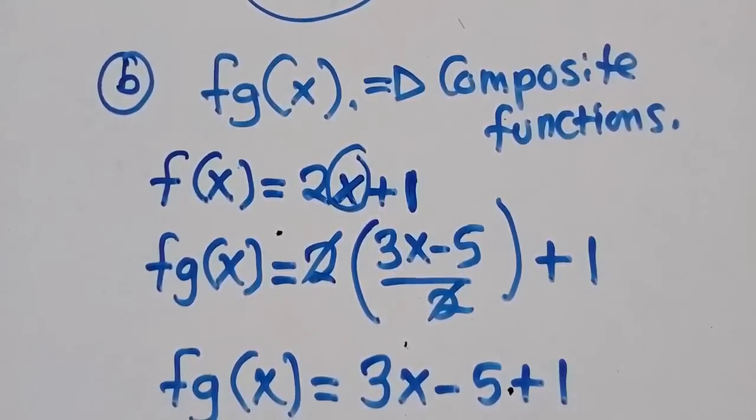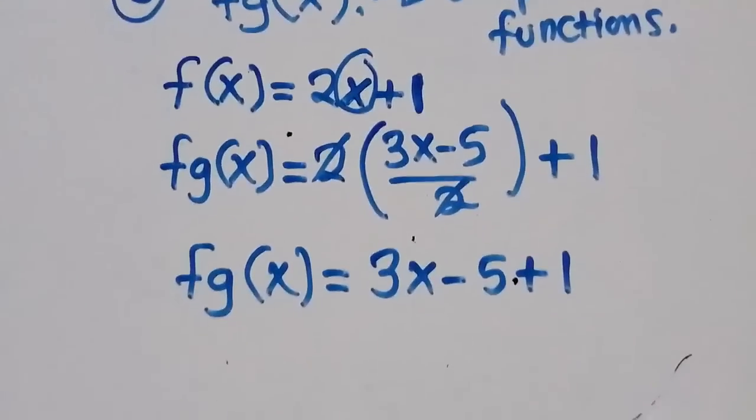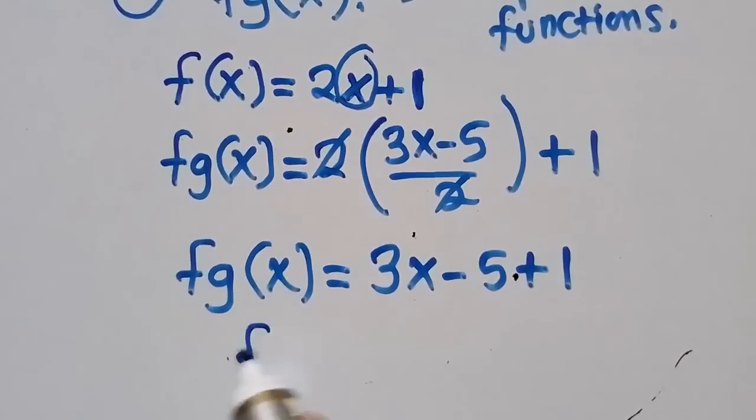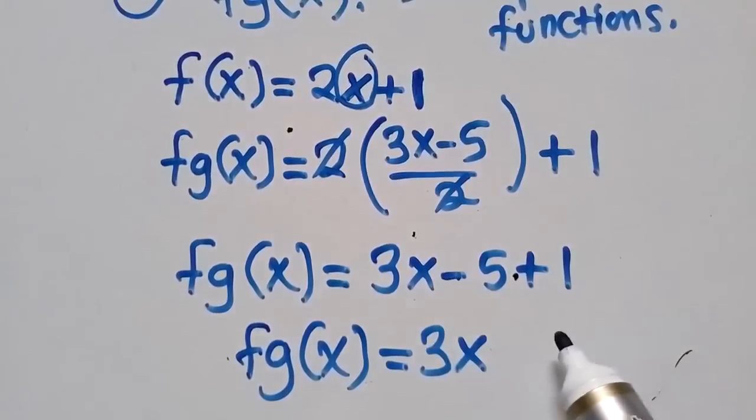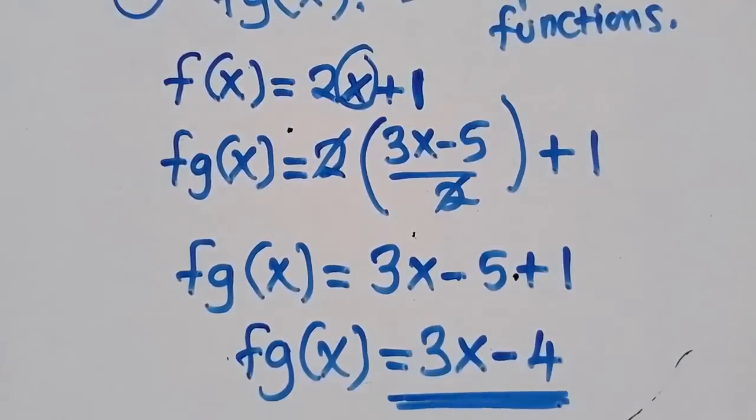So fg of x is equal to 3x, then negative 5 plus 1. Negative 5 plus 1 is what? Negative 4. Like this, you are done. This is your answer. That's how you need to answer such a question.